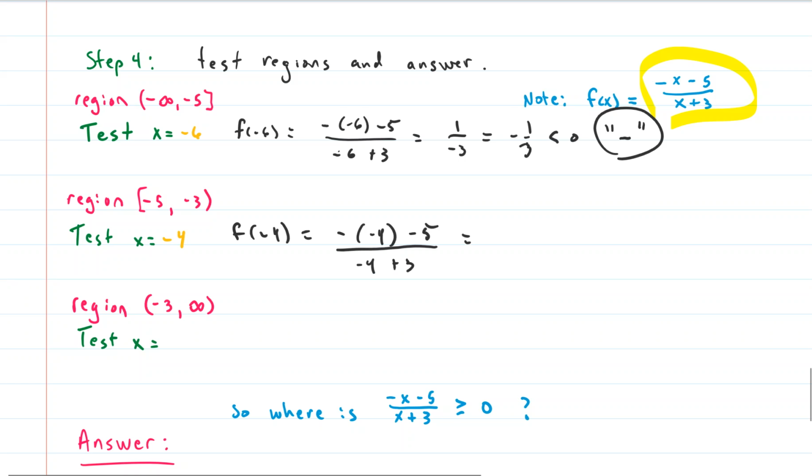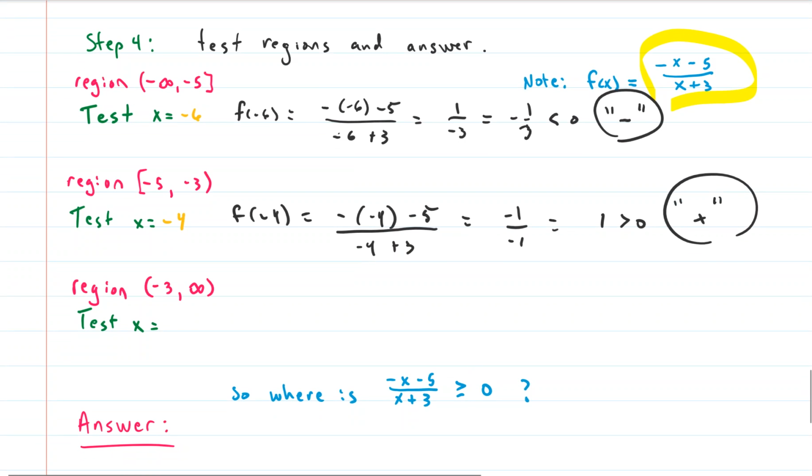Here we have a -1 over -1, which gives us +1, which is positive. So we're in a positive region: -5 to -3 is a positive region.